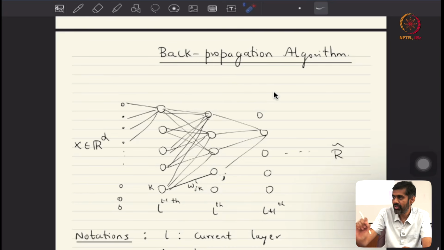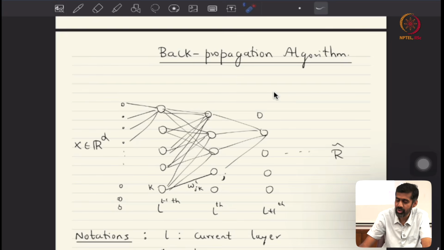Right? So we have to traverse that path, that's all it is. So that's what chain rule does, isn't it?